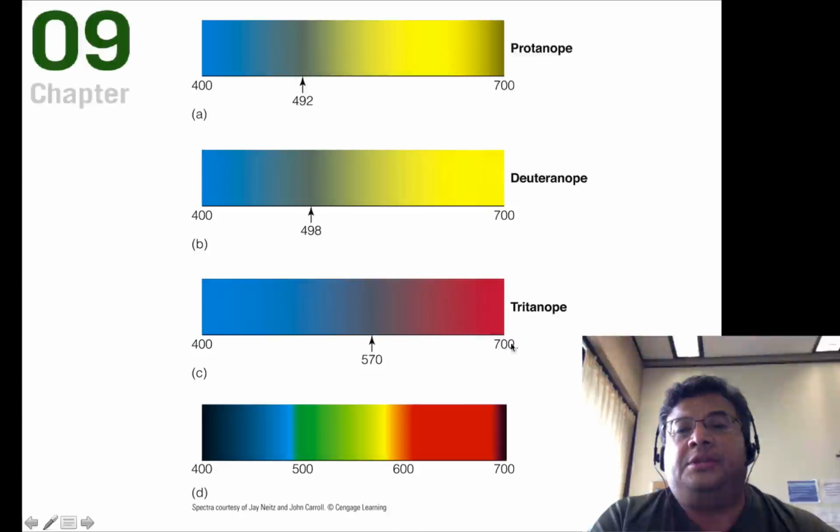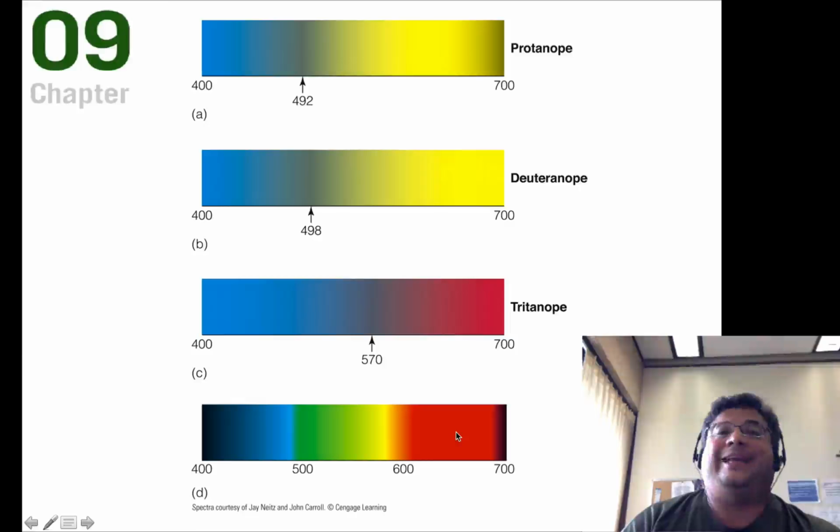And then the tritanopes are even higher still, which means that they perceive more and more of the world as blue because they're missing those middle receptors. And this, of course, is the wavelength for a normally sighted human being.